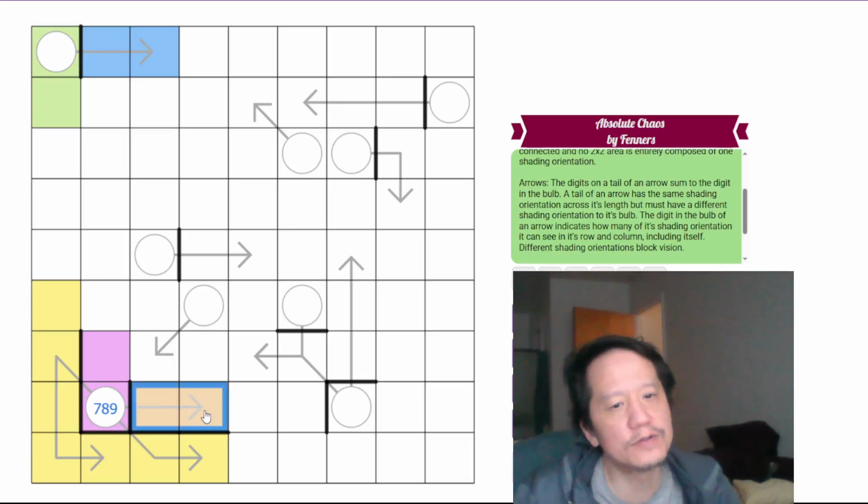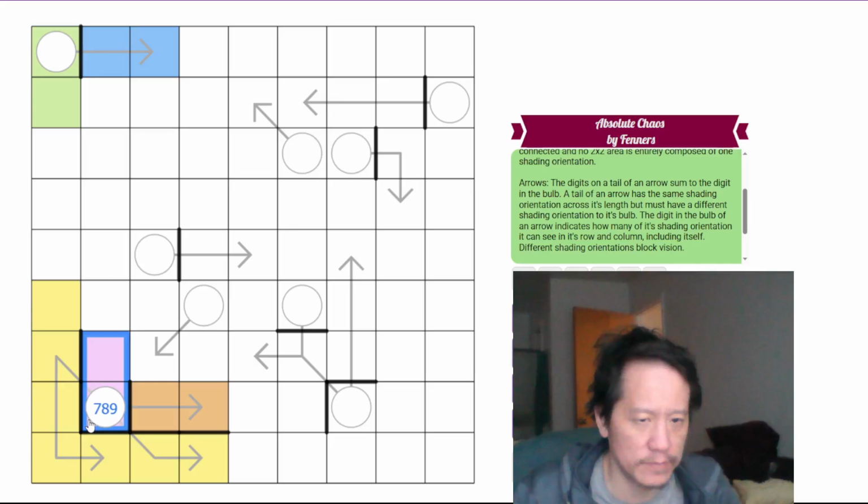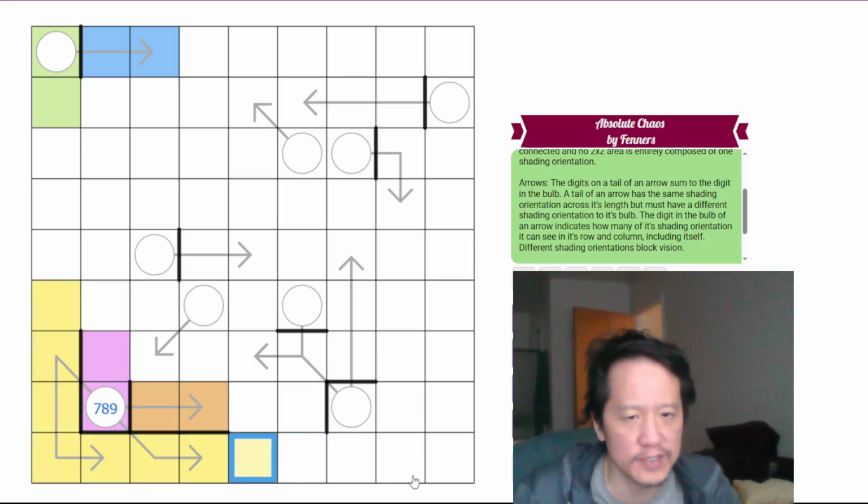This is the third shading type. This yellow must continue out that way because this is at most 1, 2, 3, 4, 5, 6 here.